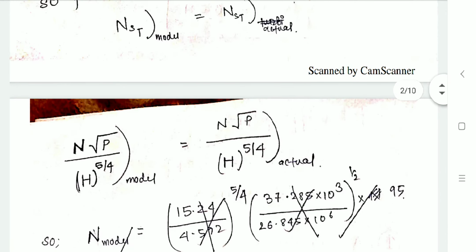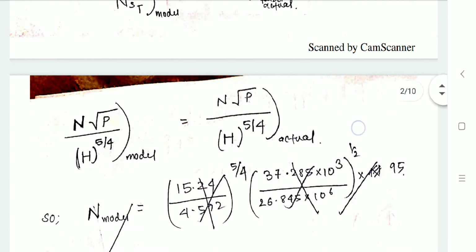So NST for the model is equal to NST for the actual turbine. Now the expression for NST is n root p divided by h to the power 5 by 4. So n root p divided by h to the power 5 by 4 for the model is equal to n root p by h to the power 5 by 4 for the actual turbine.